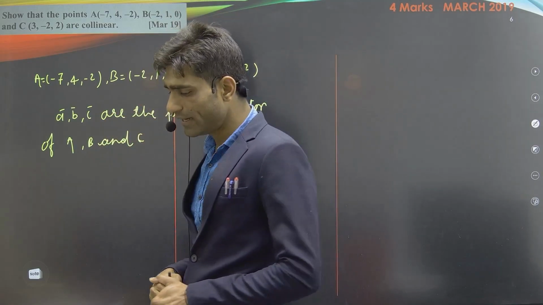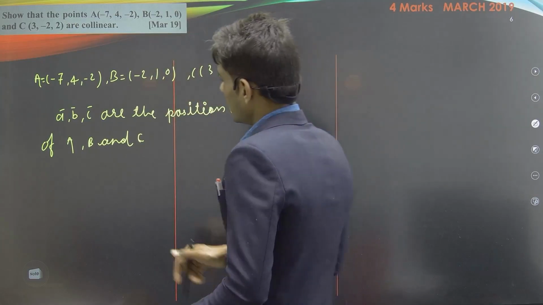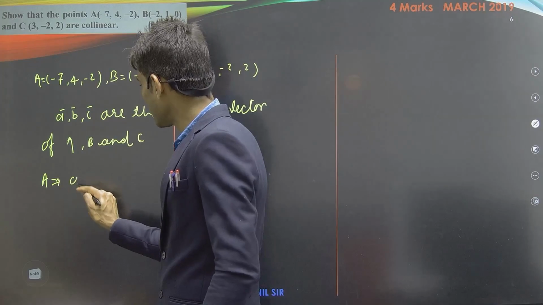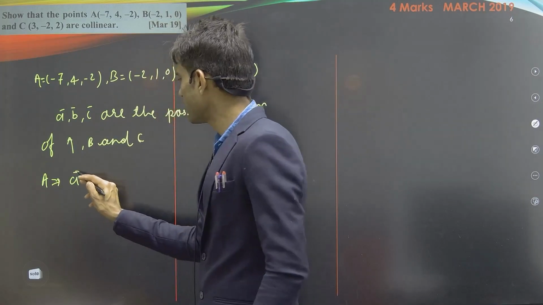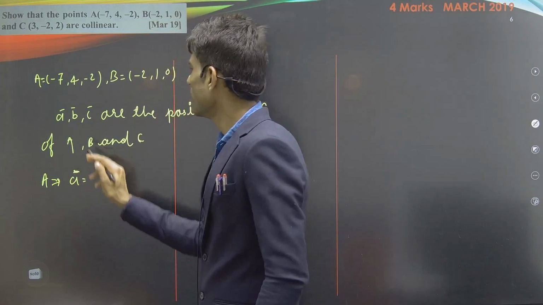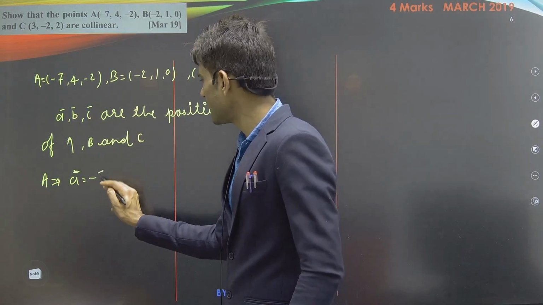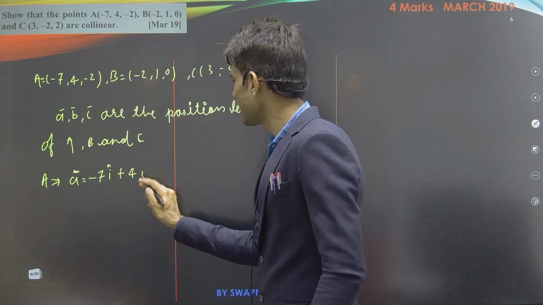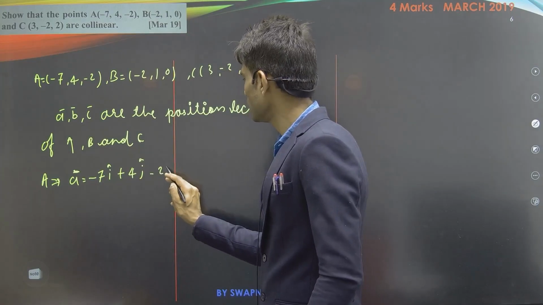So write down the position vector a bar using point A. It can be written as -7 times i cap plus 4 times j cap minus 2 times k cap.